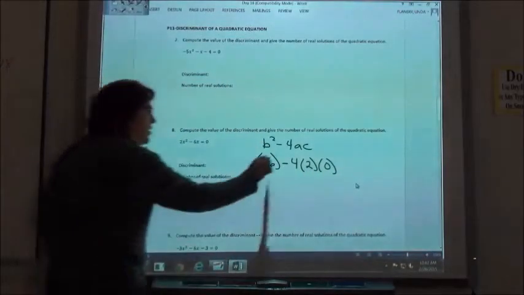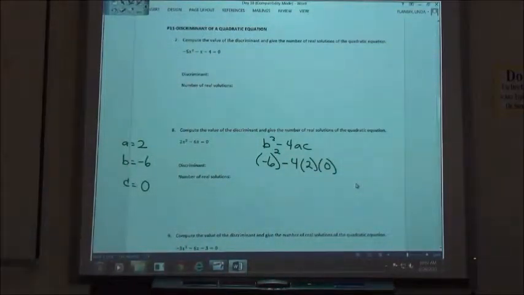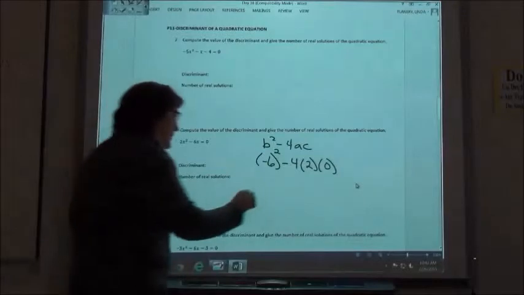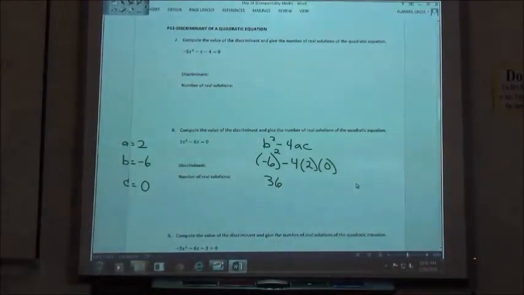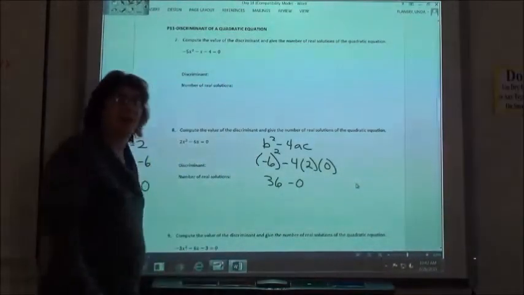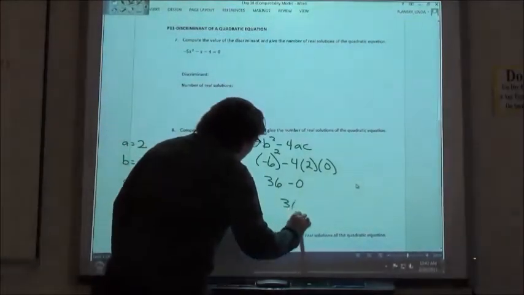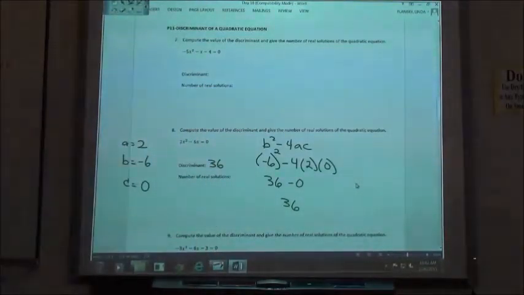I better put my squared under negative 6. Negative 6 squared is 36. Negative 4 times 2 times 0 is 0. 36 minus 0. So the value of my discriminant is 36.